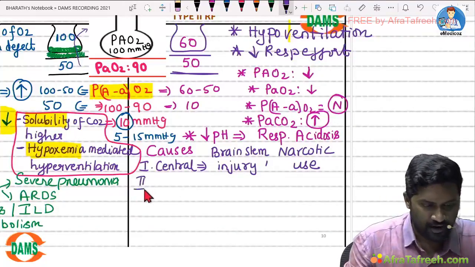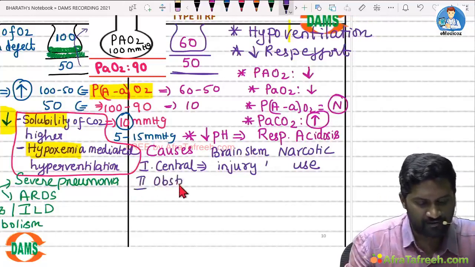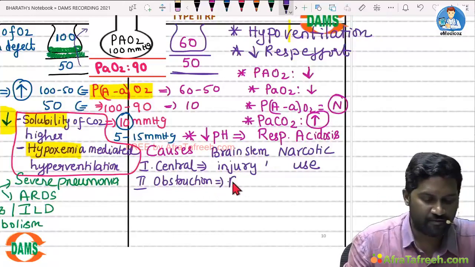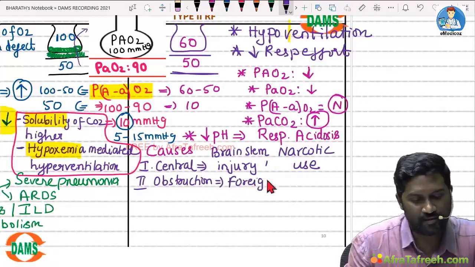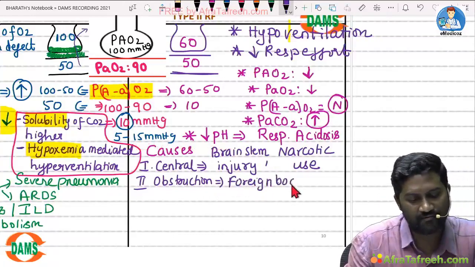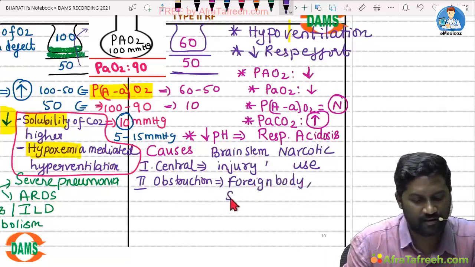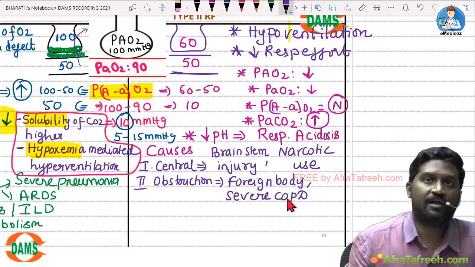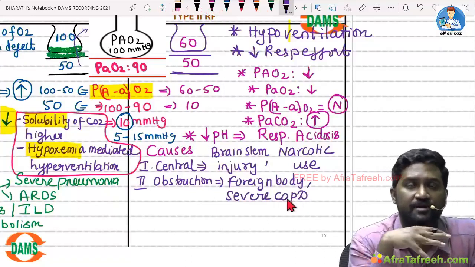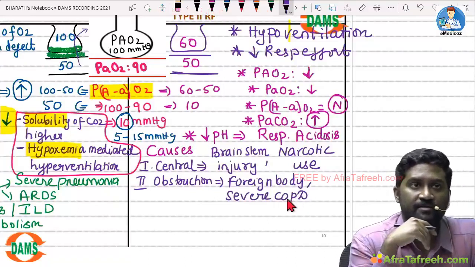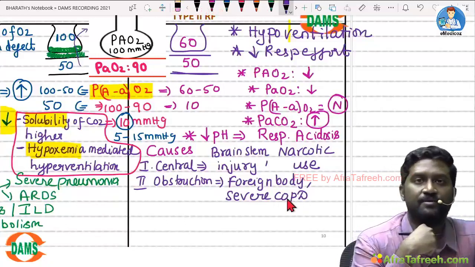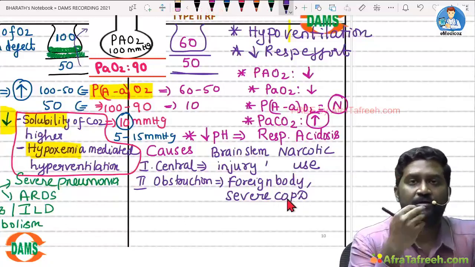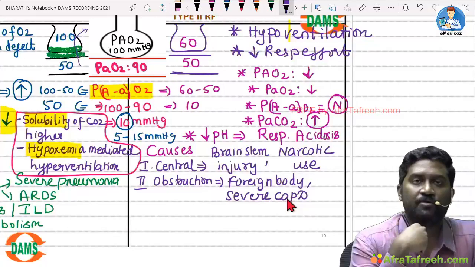Second cause, obstructive causes, obstruction within the airways, such as a large foreign body within the trachea, or severe COPD. Now whenever there is a large foreign body, especially in the trachea, during inspiration the amount of oxygen going into your body will decrease.